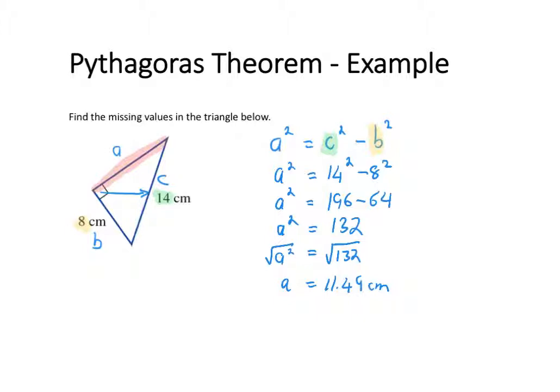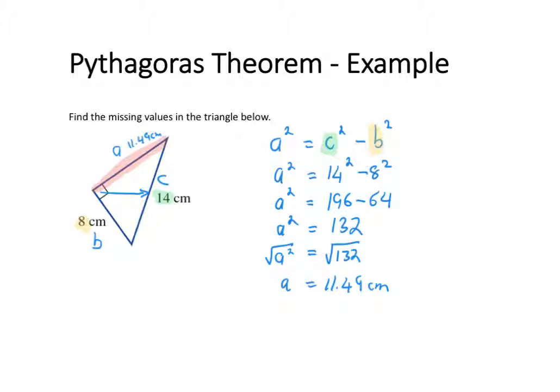Now going back to the original diagram and adding in that piece of information, 11.49 centimeters, I can go ahead and do a common sense check. Now 11.49 is smaller than 14, and I know my hypotenuse or my C side needs to be the largest side.